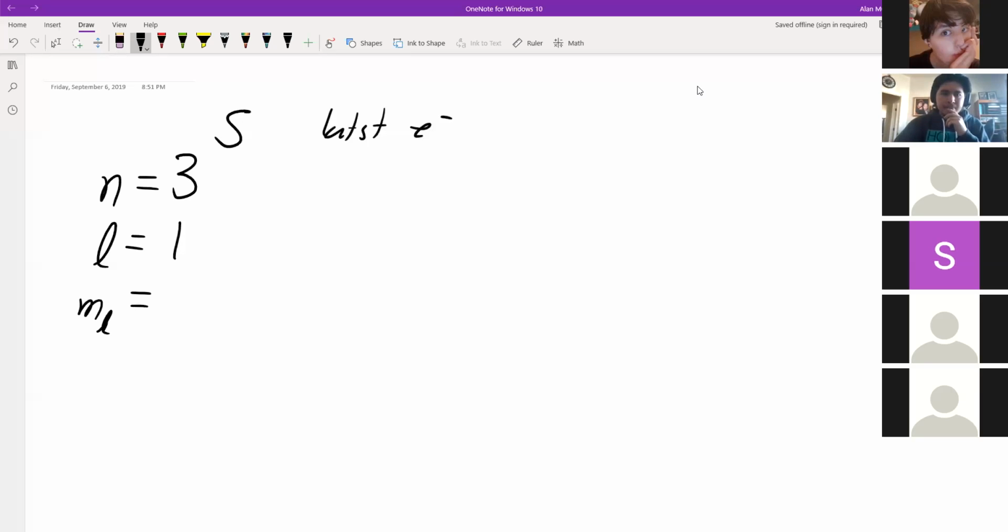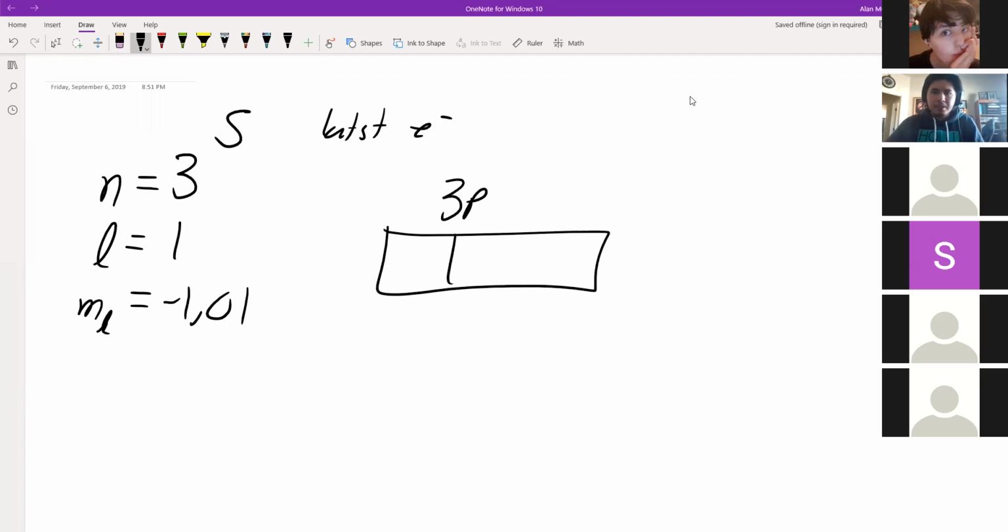-1, 0, and 1. So we know we had to plot these, so let's plot them onto our little diagram. If we know it's in the 3p, we put our little box here. So how many electrons does sulfur have in its 3p orbital, just by looking at your periodic table? 4. So if we count them up: 1, 2, 3, and 4. And which of these electrons is its last electron?